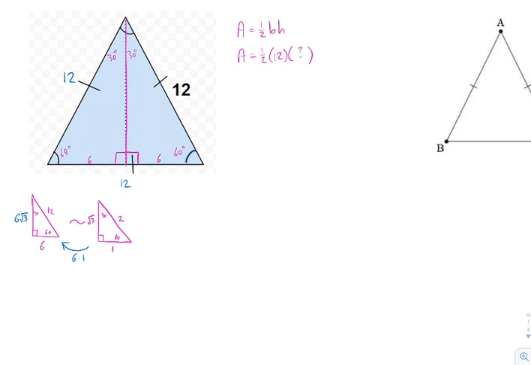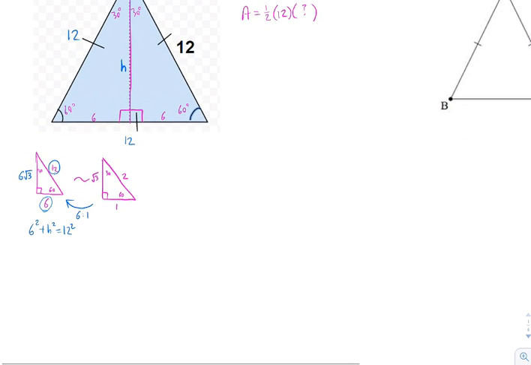Another way is you could use the Pythagorean Theorem. We have two sides here, so we could say 6 squared plus height squared is equal to 12 squared, and that would get us our height of the triangle. Another way is to use trig. We could say the sine of 60 degrees is equal to h over 12, or the tangent of 60 degrees, which would be opposite over adjacent, would be our height over 6.